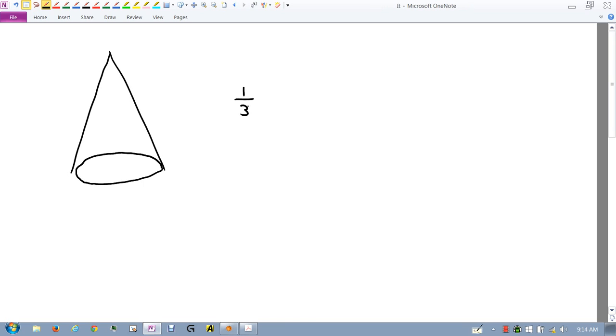How about the formula for a cone? What's the volume of a cone? One-third pi r squared times height. That's the volume of this. So you'd have to know the radius and the height of the cone in order to determine its volume. Do you agree?